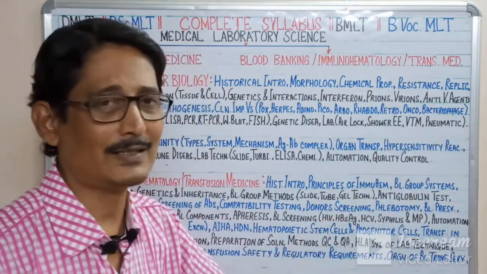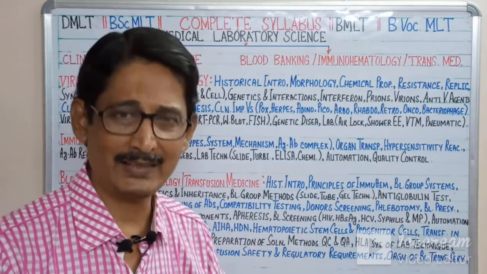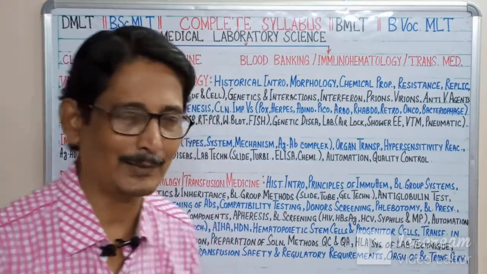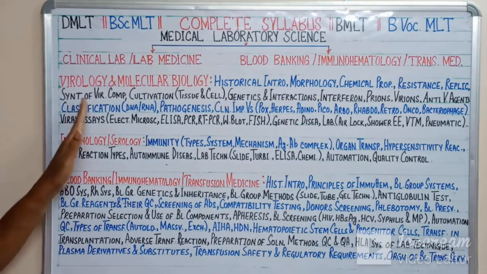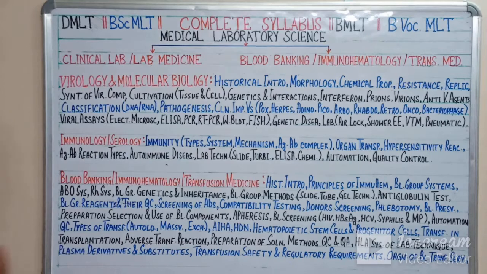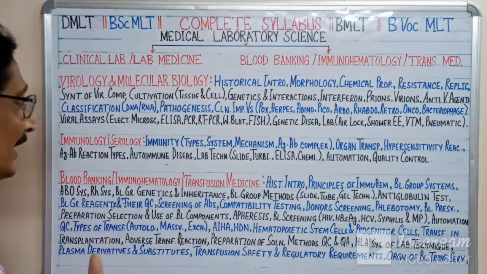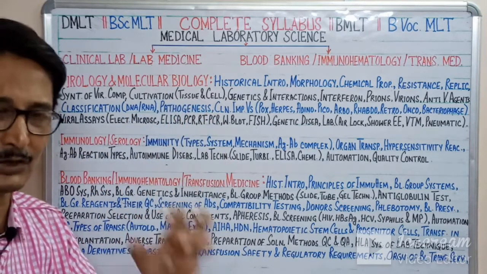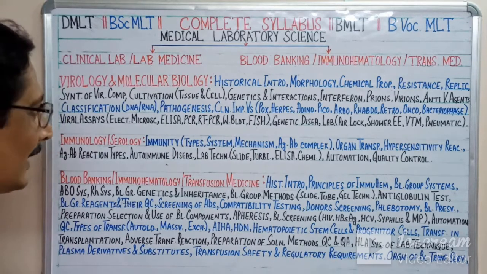The propagation of the virus is the replication, and there are many steps in how a virus can replicate in your body, especially the synthesis of viral components, that is positive RNA, negative RNA and DNA viruses. Cultivation: those who have studied BSc level biology are much aware of the cultivation of tissue and cells, that is the culture. Cultivation means culture.